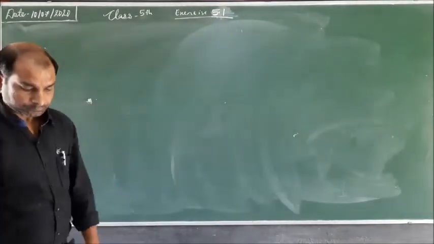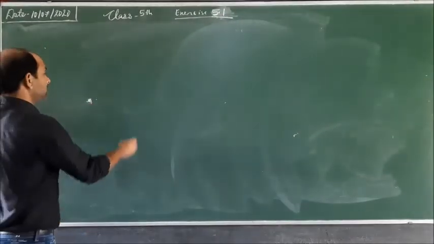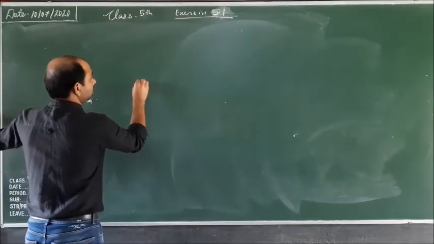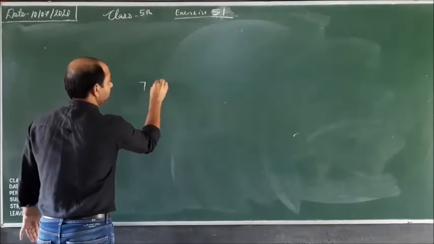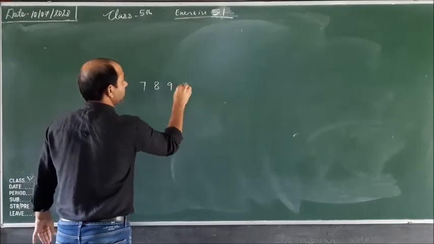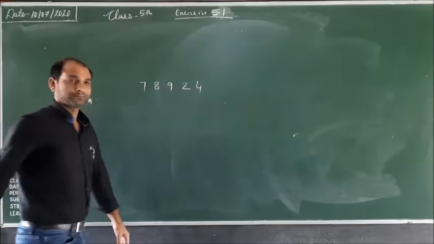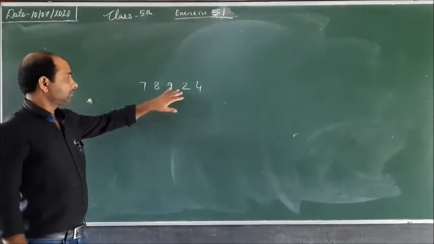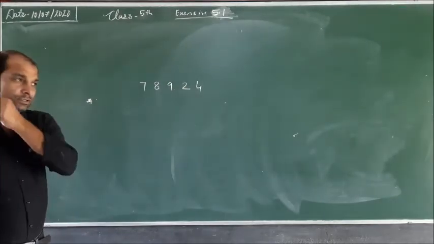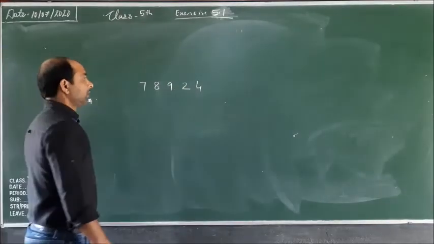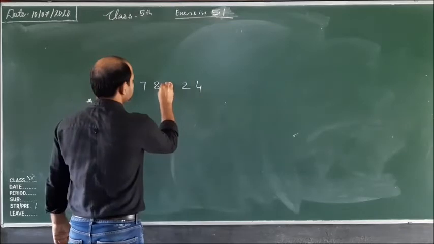Now first we tell you, dear students, 5 7 8 9 2 4. Here 5 numbers are written, and we put the decimal sign here.